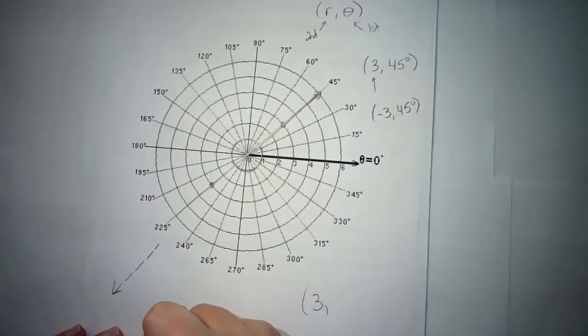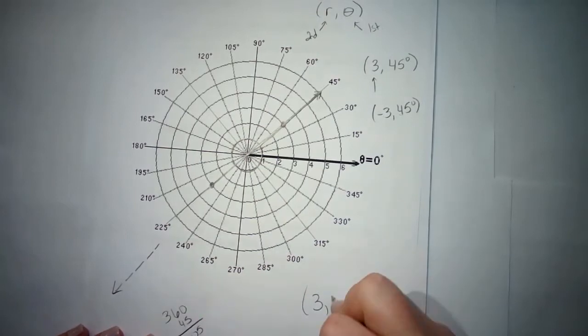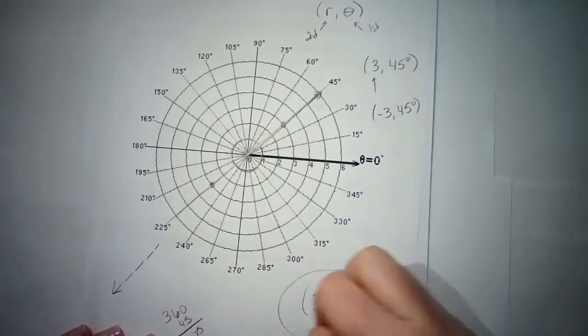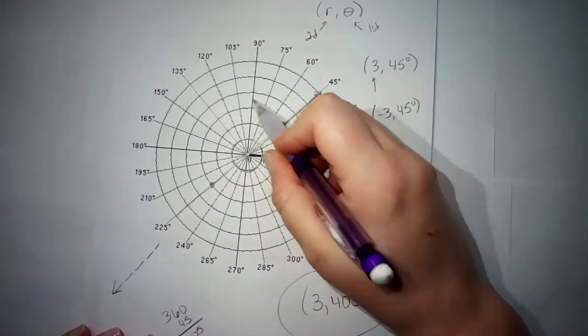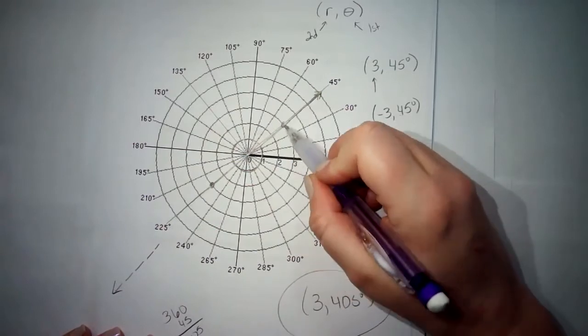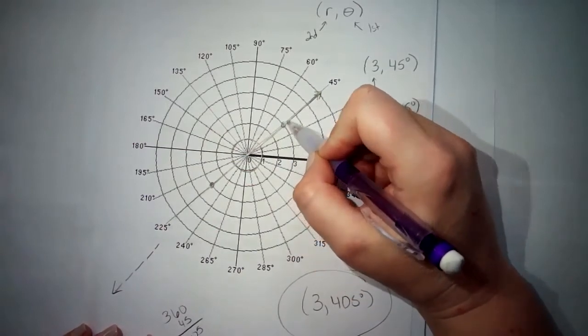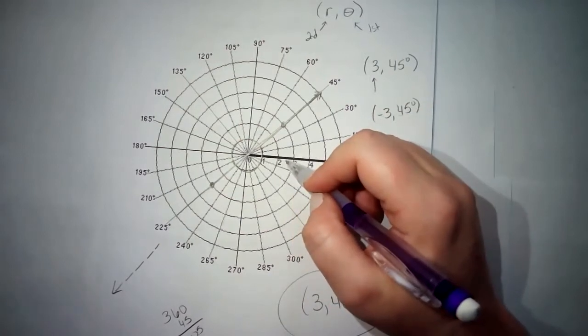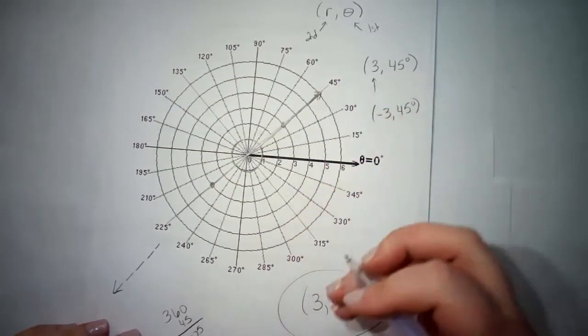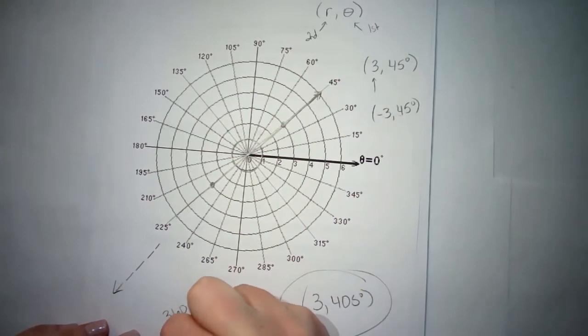So it could also be 405 degrees, because we went 360 degrees plus 45, right? We could add another 360 degrees to it, or we could even go backwards.